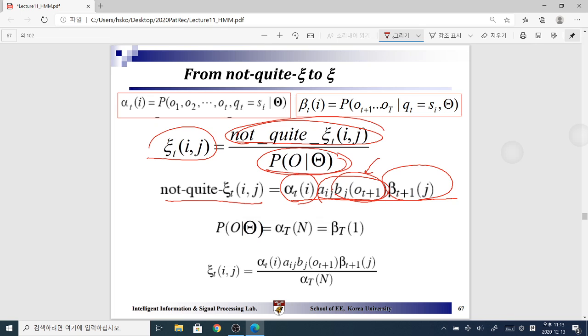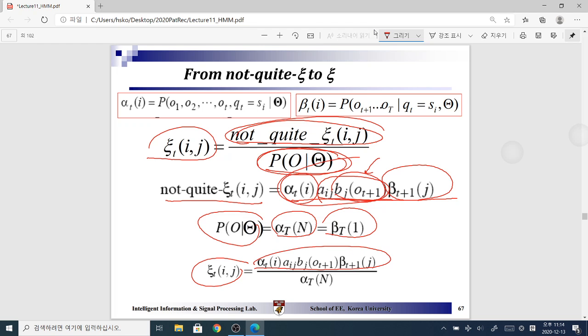And it turns out that the denominator, the probability of the observation sequence, can be obtained by either the forward or the backward algorithm. So in this case, if we just use the forward algorithm, we can use alpha sub capital T.